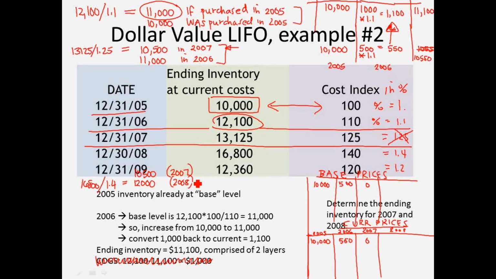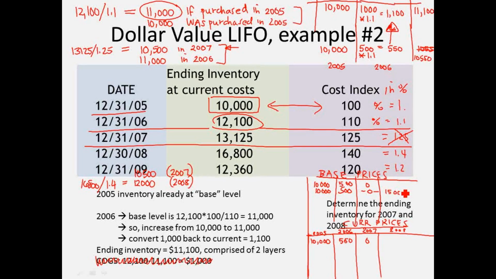1,500. Okay, so relative to just purely base prices, I have the first 10,000 that I bought. I have the next 500 here, nothing here because I don't have anything from 2007, and then another 1,500 that I purchased in 2008. But that's not what I paid for it. That's just if I were in base level prices.